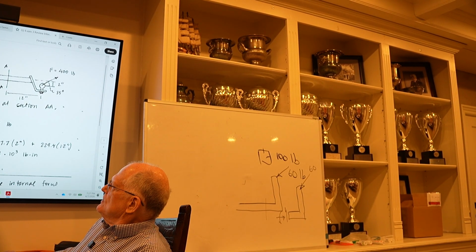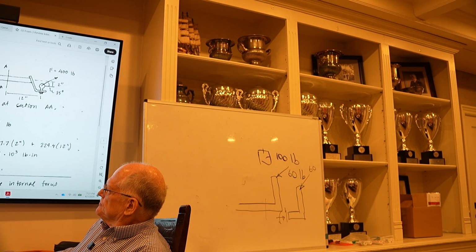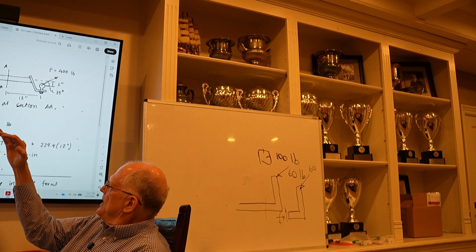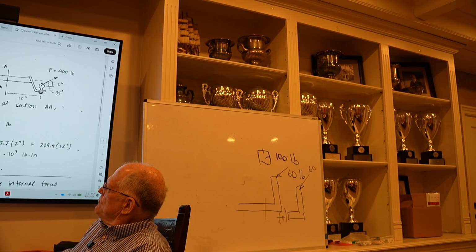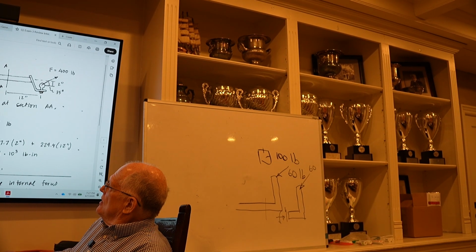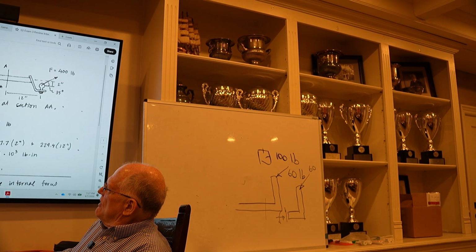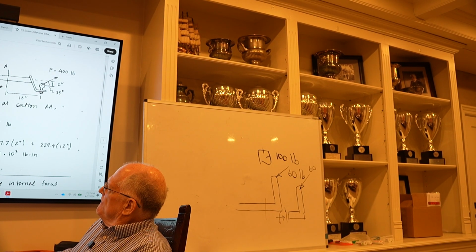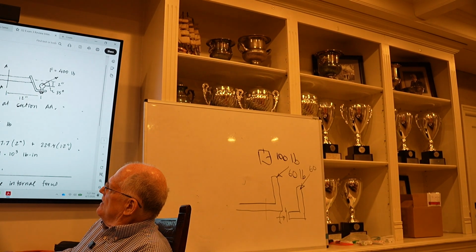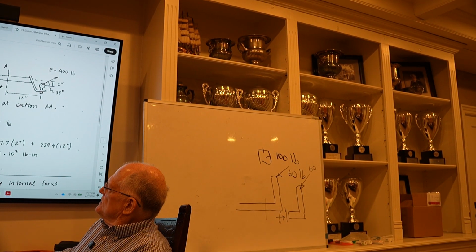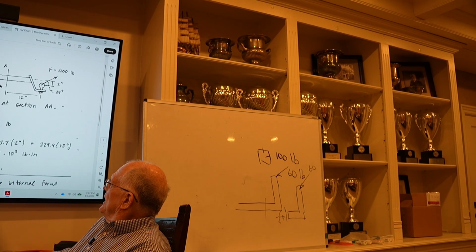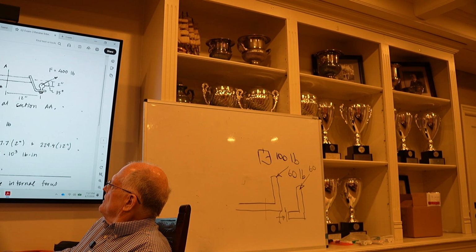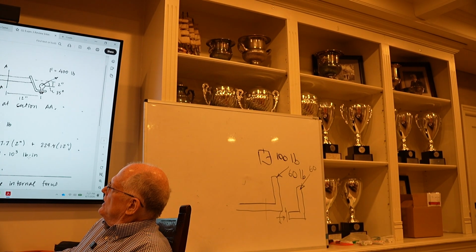So the moment of these two forces about this cut, if we take counterclockwise to be positive: I've got 229.4 times 12. If you slide the other force along its line of action, its moment arm back to the center of this cut is 2. So I have 400 sine 35 times 12 plus this force times 2, and I get about 3410, or 3.41 times 10 to the third pound-inch.